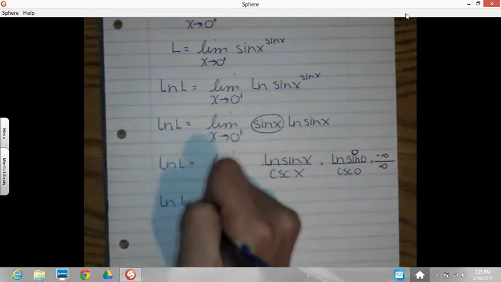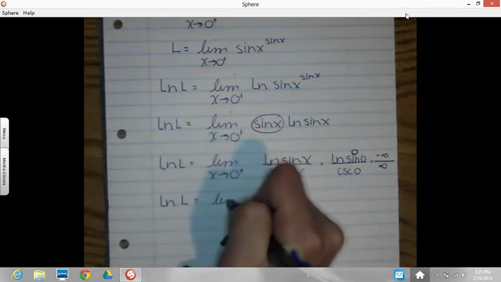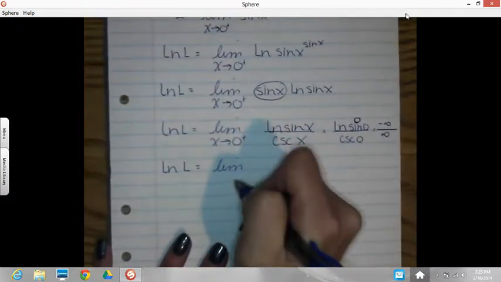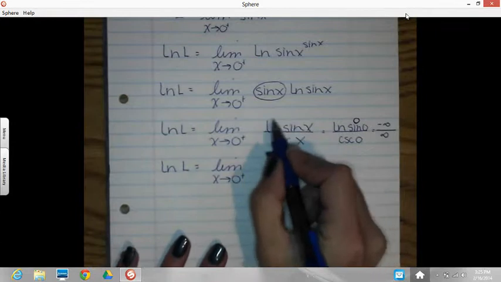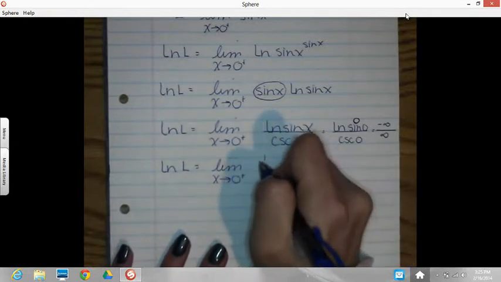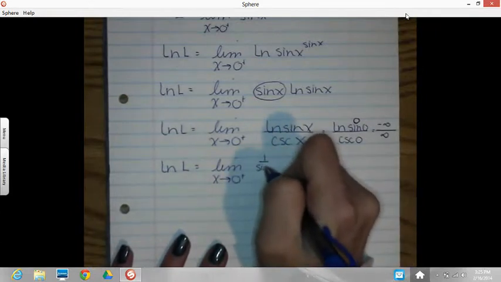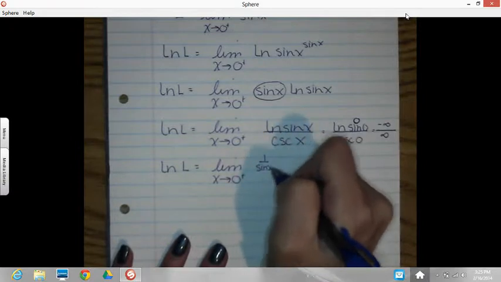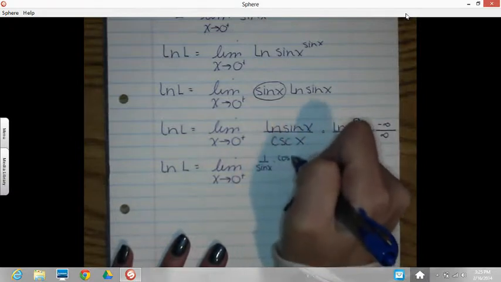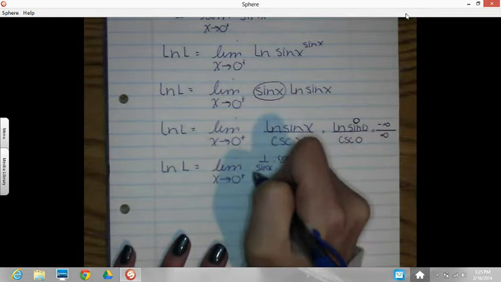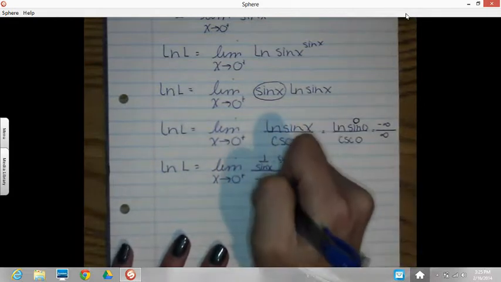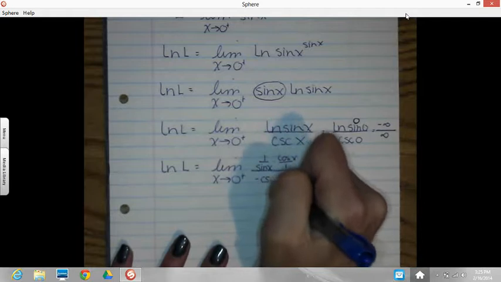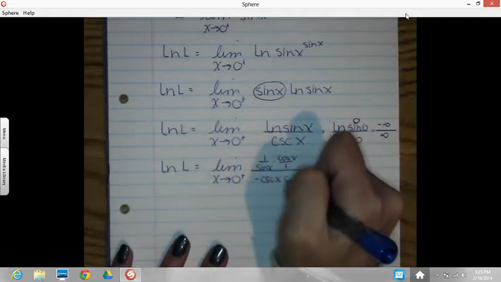Don't change the left side. The derivative here would be 1 over sine x times the derivative, which is cosine x. Cosecant's derivative is negative cosecant x cotangent x.